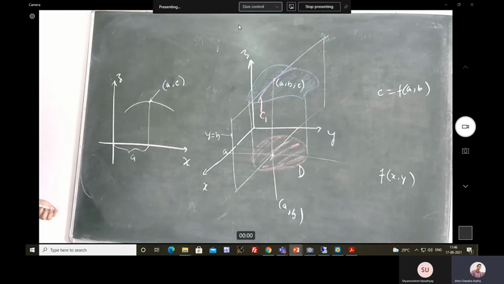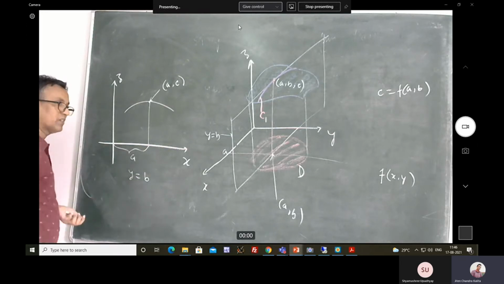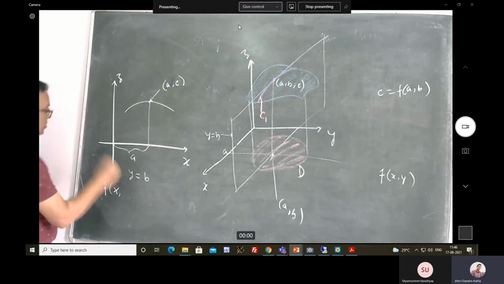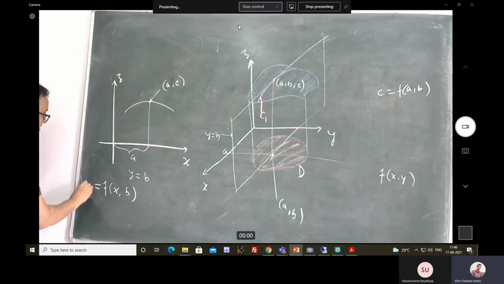This is the point (a, c), right? So as before, what we did earlier, when I had kept y equals b fixed, I defined this as g1(x), isn't it?